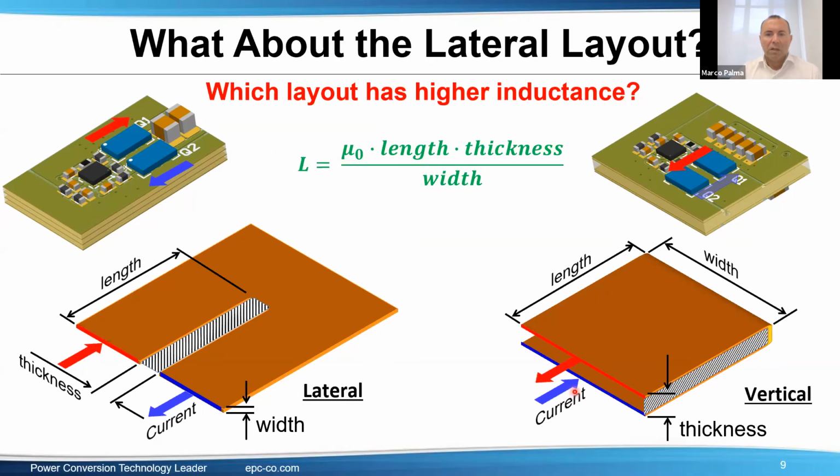So if you answered that the lateral design has higher inductance, then you are correct. However, this is an incomplete picture because most lateral designs will include layers beneath the main power loop. So we need to examine the effect of the plane they have on the inductance.